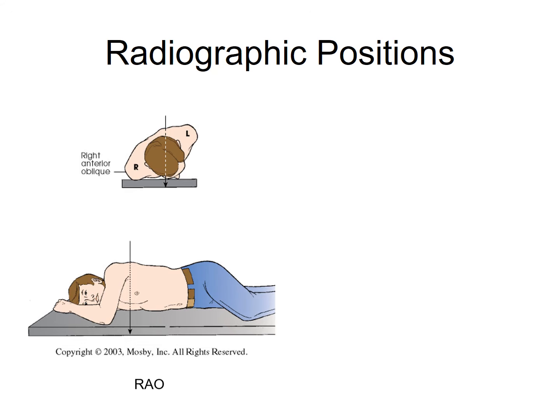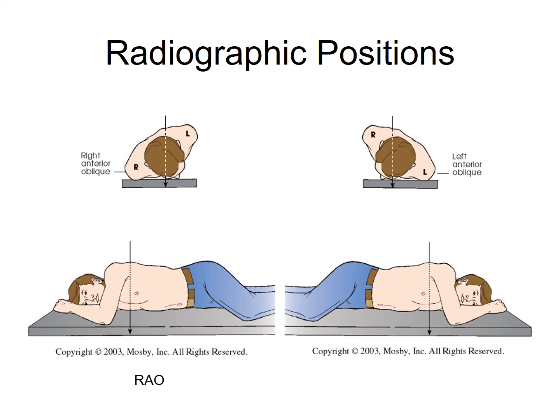So this patient is lying in a right anterior oblique position. The right side is against the table, the anterior side is against the table, and the patient's turned, so this is an oblique. This is the RAO. RAO is the position. The projection would be a PA oblique, based on where the central ray enters versus where it exits. The body position is an RAO.